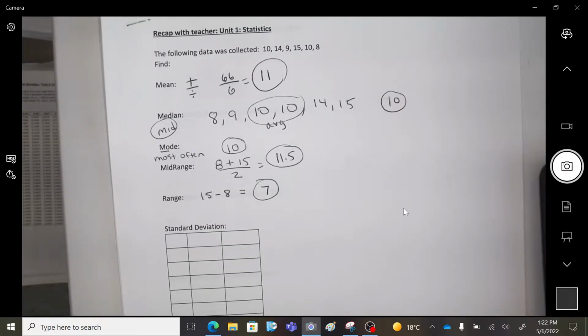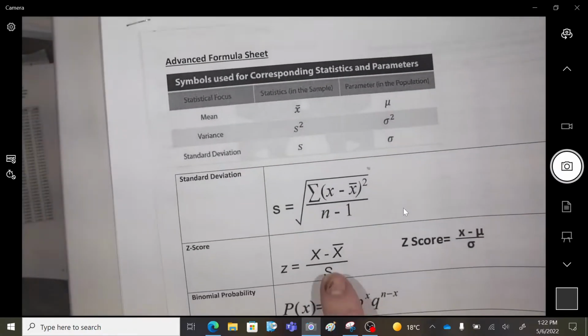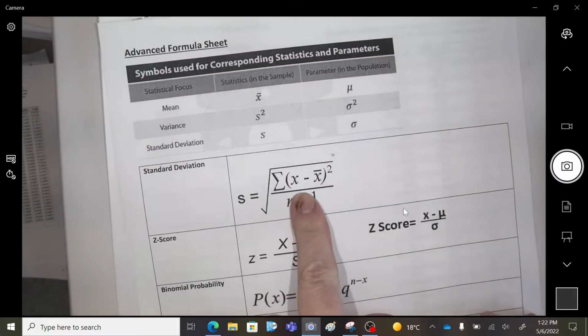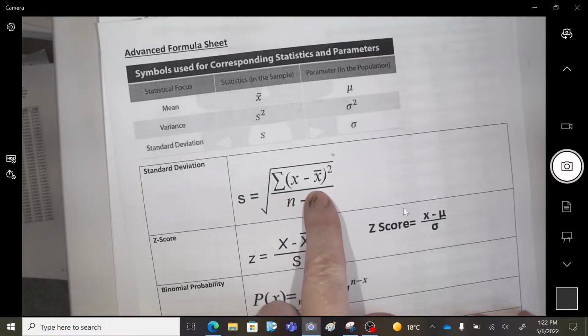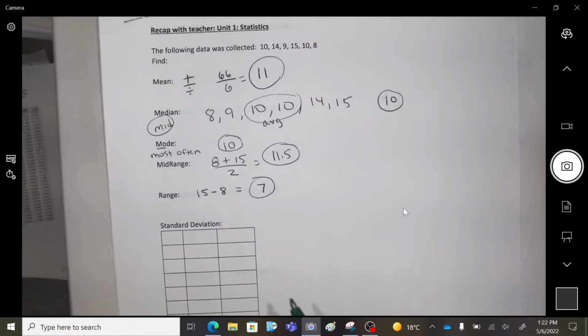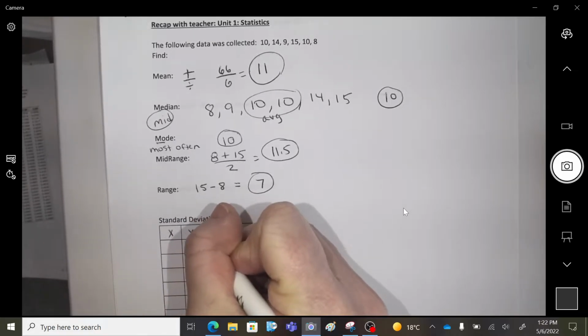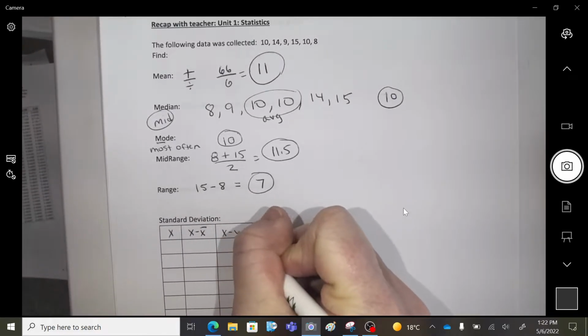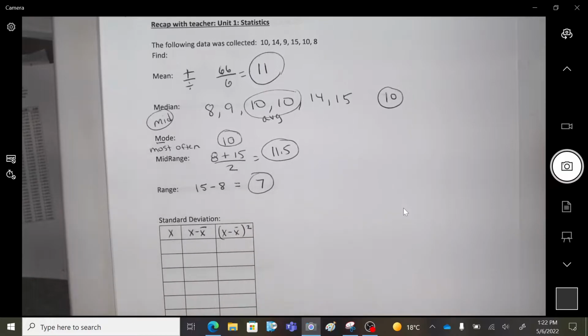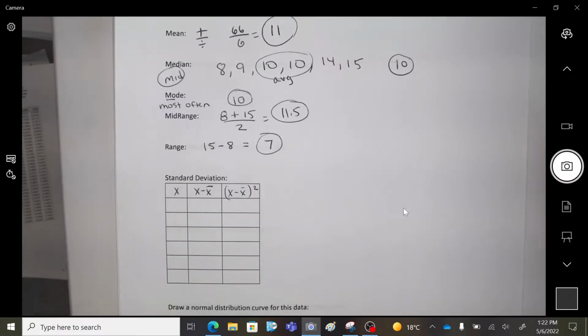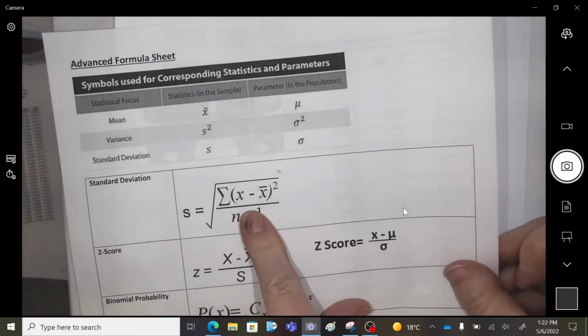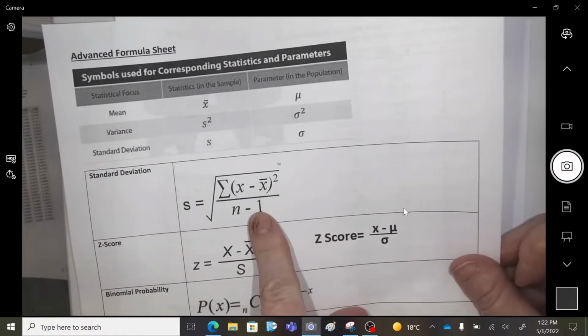Okay, standard deviation. So this one you're going to have to do a chart for. And so I'm going to look at my formula sheet here. So this is the formula. So I'm going to start making a chart with an x minus mean, and an x minus mean squared. Okay, and I don't have my chart items memorized. I just looked at the formula and I thought, well, what do I need?